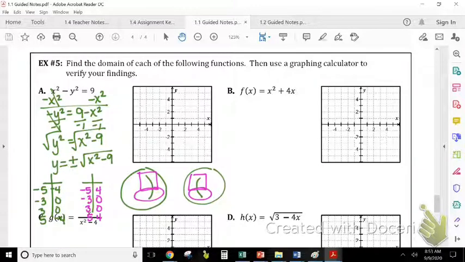All right, and then we can plot those points. So negative 5, negative 4, negative 3, 0, 3, 0, and 5, negative 4. And so we can see this is that bottom part of the graph. If you go to your calculator and hit graph, you see it graphs it first, okay?